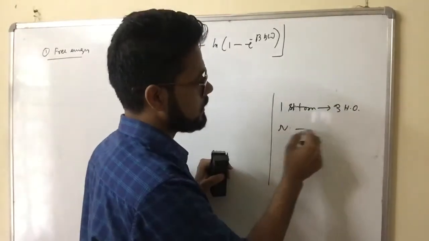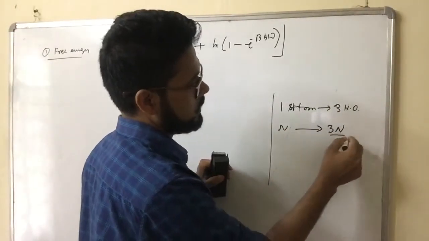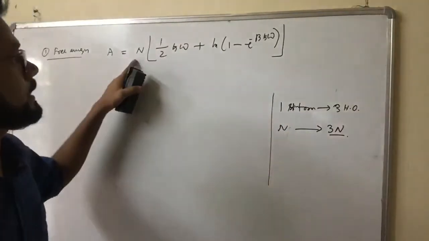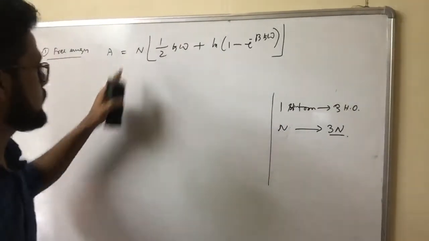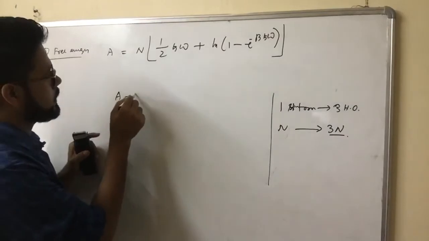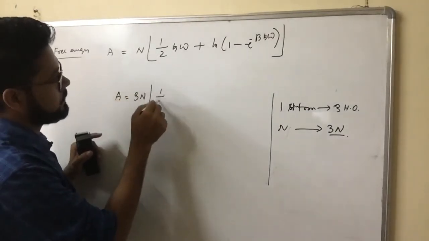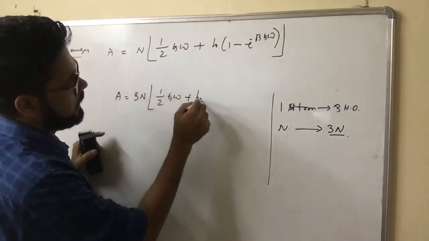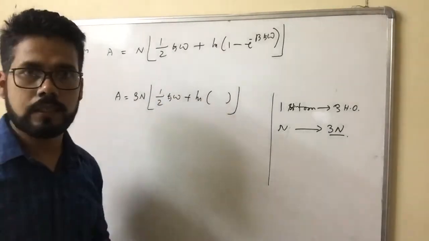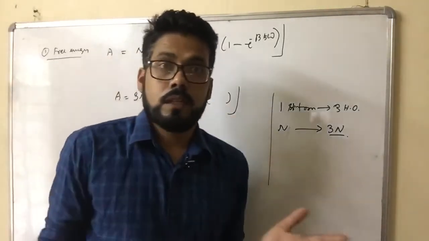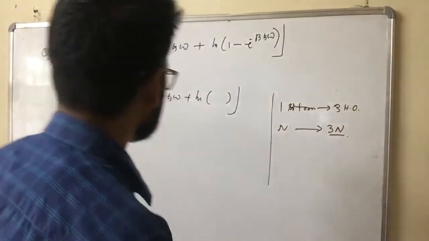So n atoms means 3n harmonic oscillators, and you have to multiply by 3. Then the free energy of a crystal becomes 3n times half h cross omega plus ln of this part. You understood, right? This is where you have to understand the physics.